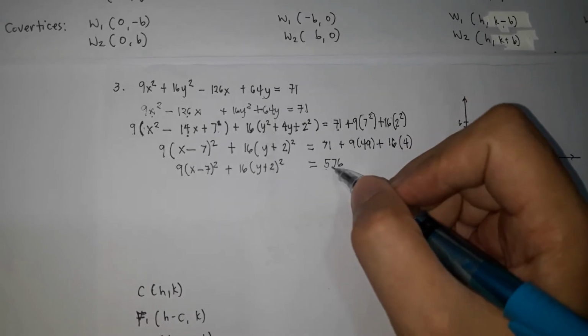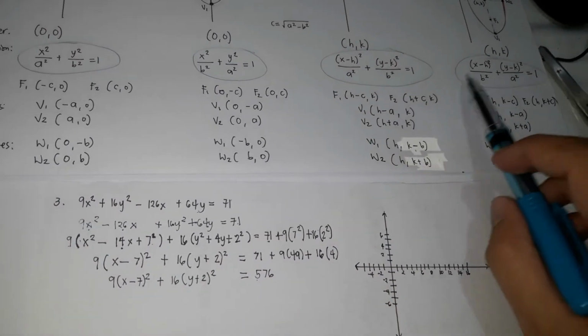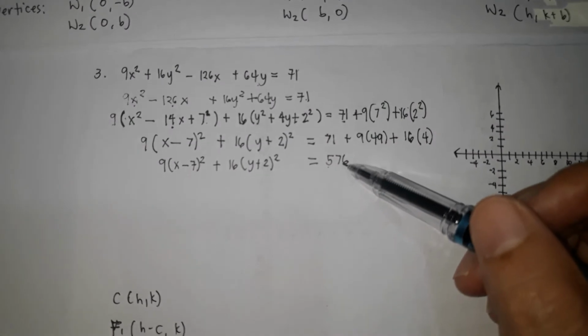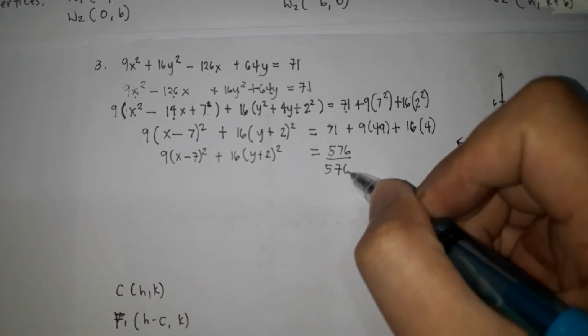Now, as you can see in the equation, the right side needs to be 1. So, to make this 576 become 1, divide it by 576.